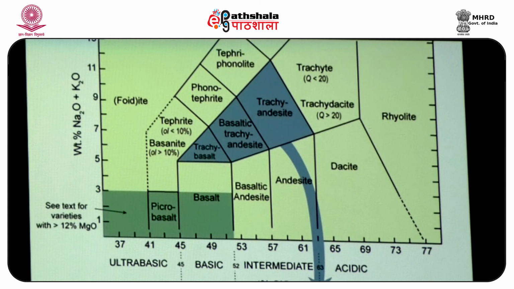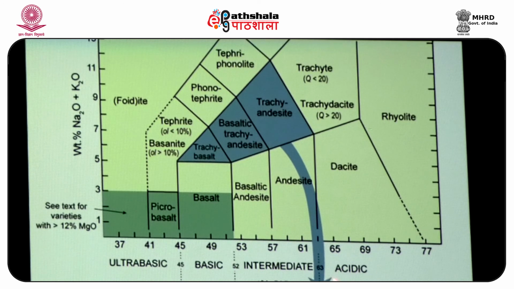So what we see here, like the earlier classification based on minerals present, is ultrabasic, basic, intermediate and acidic. Now we don't say ultramafic, because ultramafic we say when the minerals are identified. Here it is more acidic and basic.